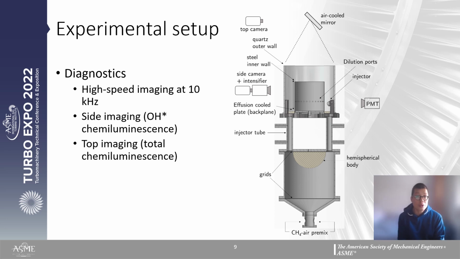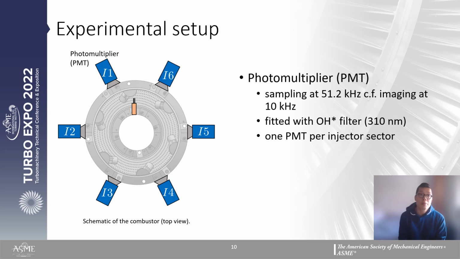Photomultipliers are also used to capture the flame dynamics, and these photomultipliers are positioned circumferentially at each of the 6 injectors, labeled I1 to I6, to detect the onset of flames during the ignition process at a much higher frequency compared to the usual high-speed imaging.